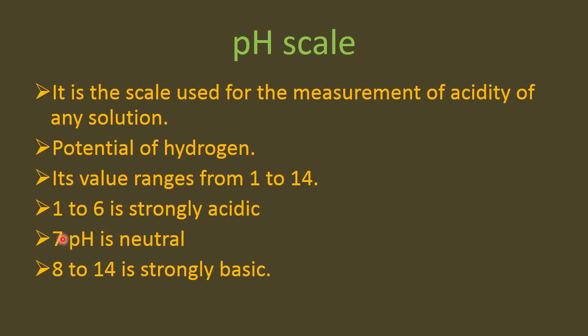So the values 1 to 6 are strongly acidic substances, and the substances having value 7 are neutral in nature, and all those substances which have pH value from 8 to 14 are strongly basic in nature.